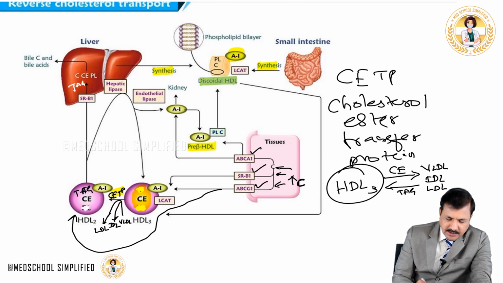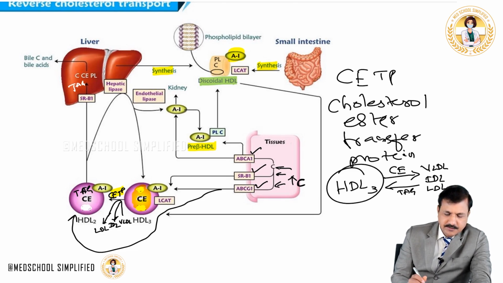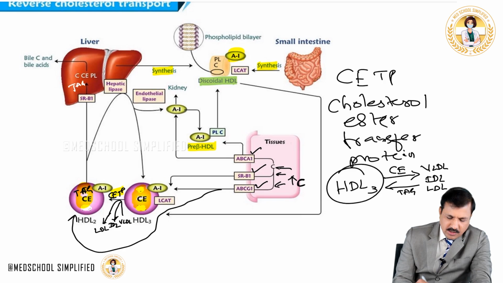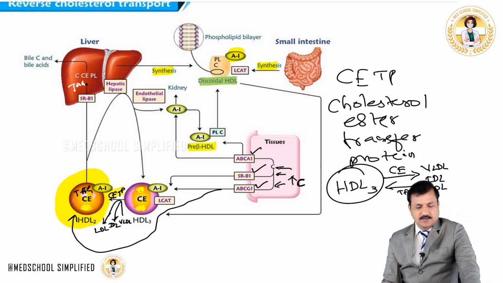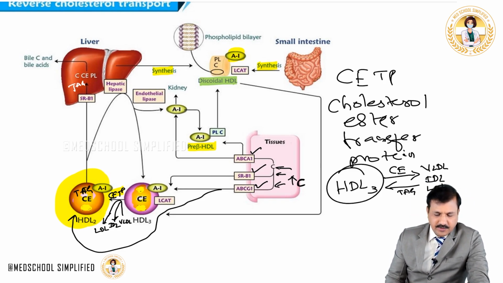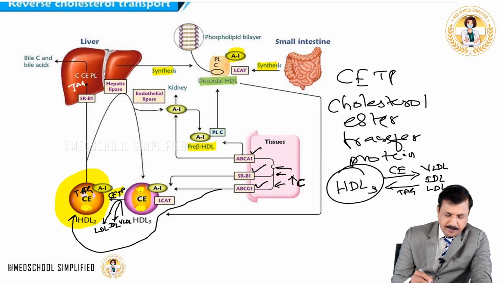Now the HDL2 molecule is rich in triacylglycerol and also rich in cholesterol ester. In fact, the HDL2 molecule is much bigger than HDL3 because it is super rich in triacylglycerol and also cholesterol ester. Now I have remodified this particular figure and made it a big molecule.